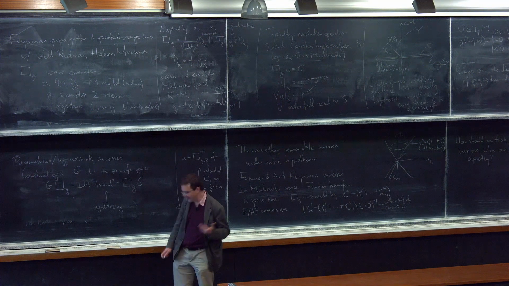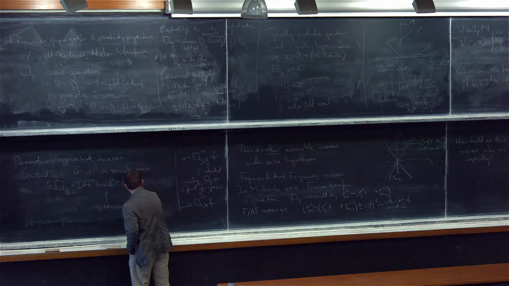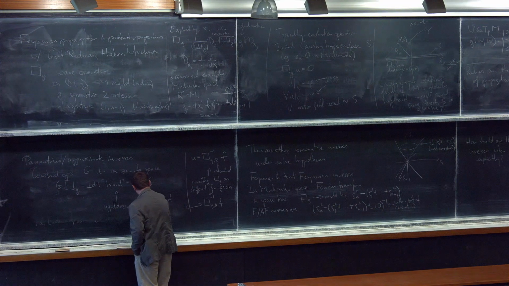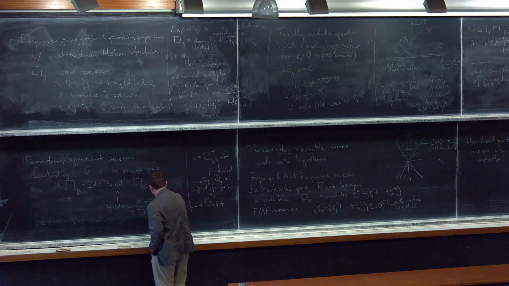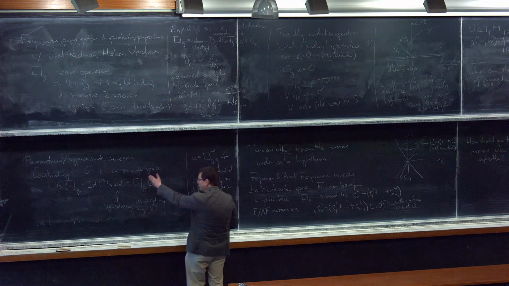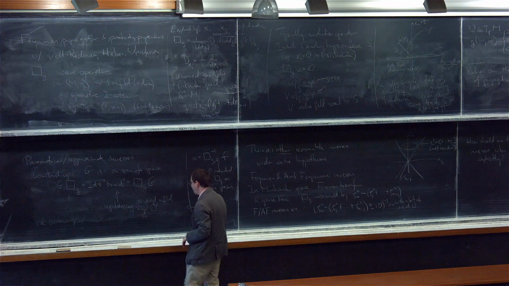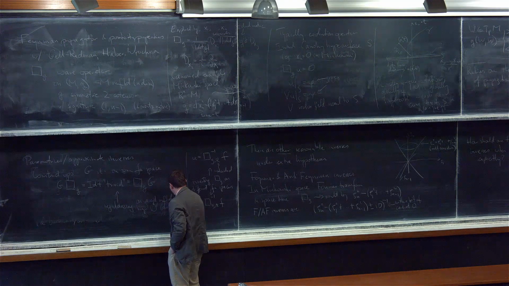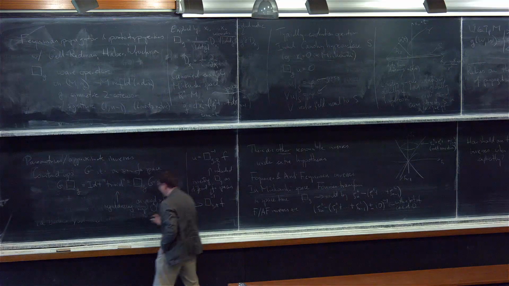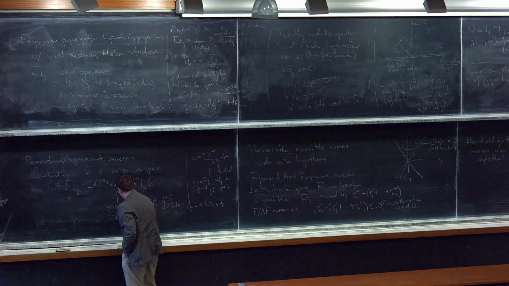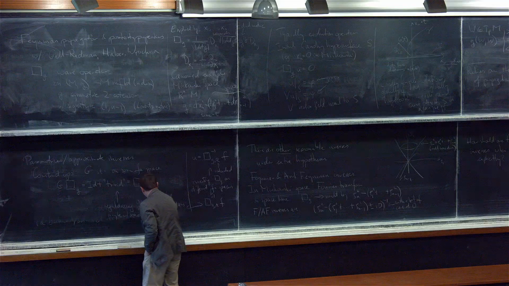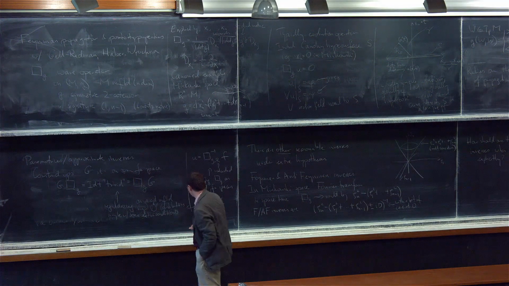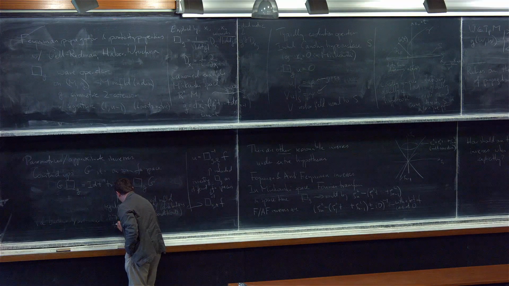And then this depends on the setting. Now, on say a compact manifold, what this would mean is to map all distributions, or maybe distributions restricted to whatever subset you care about, maybe with some extra conditions, to C infinity.